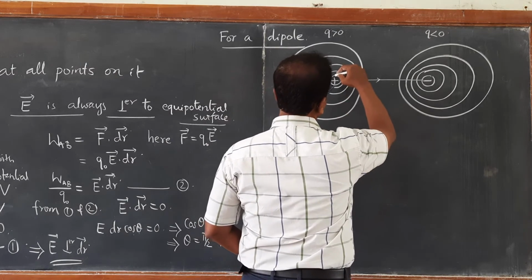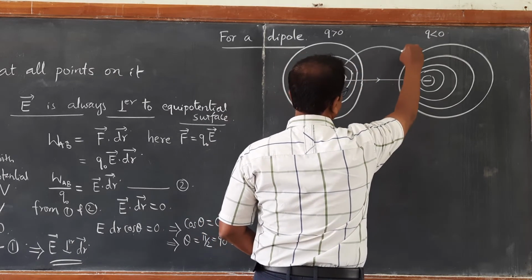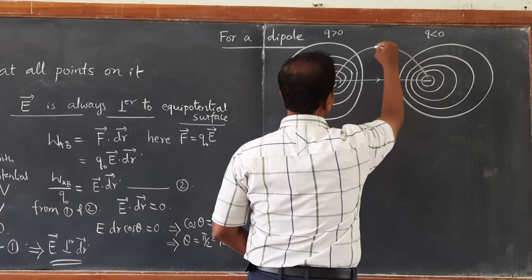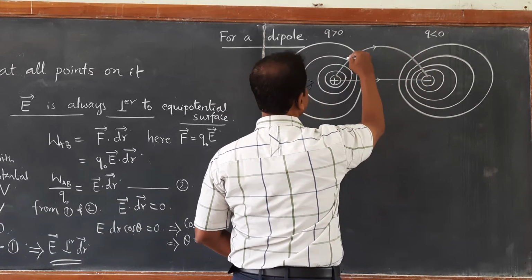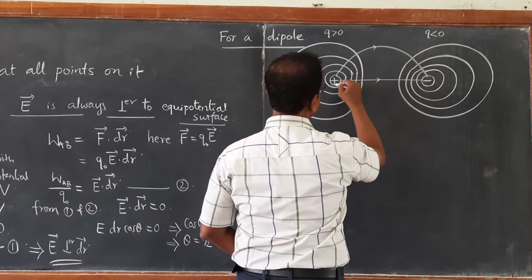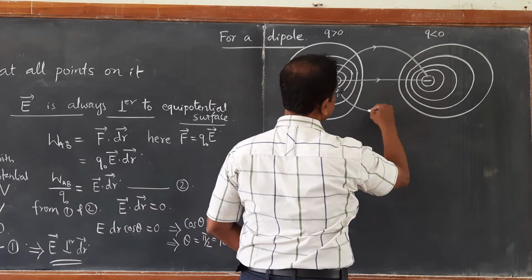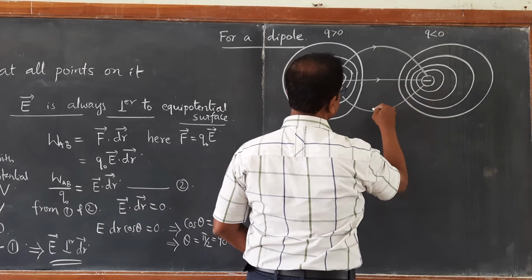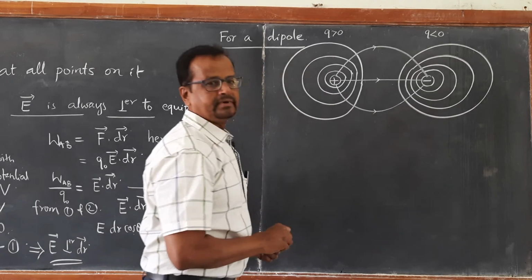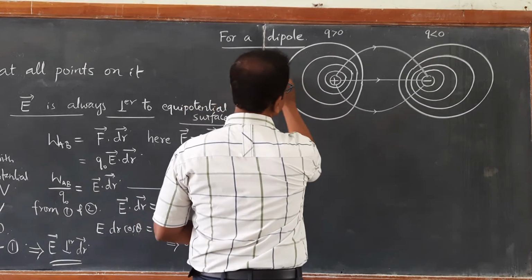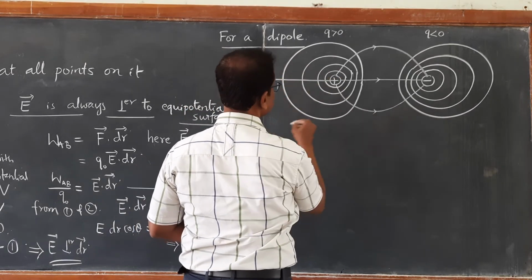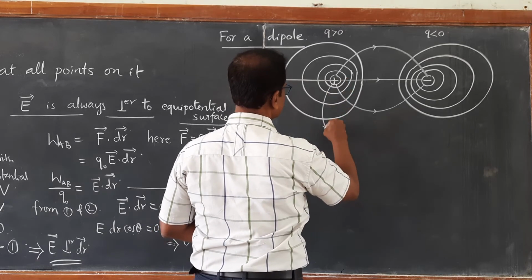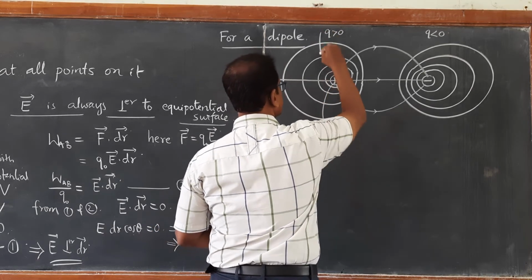In the same way, we can draw everywhere. If you go on drawing these perpendicular curved lines, they represent the electric field lines. So, here also you can draw electric field lines, and this is how the electric field lines can be drawn.